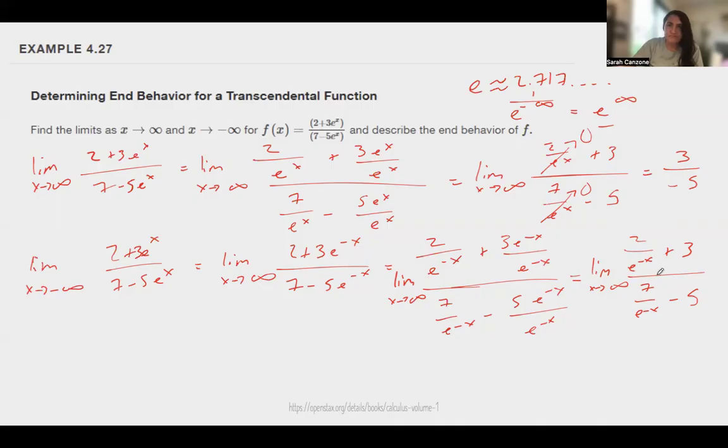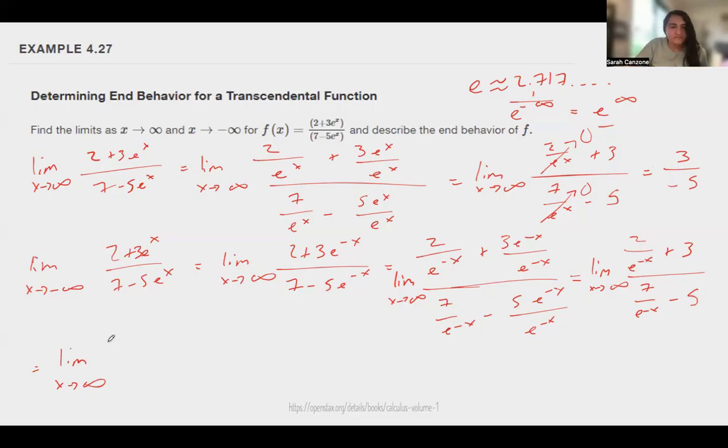What we need is for something to be 3 divided by e to the positive x, very similar to what we had here. So in fact, I'm going to adjust this one more time. This is still the limit as x approaches positive infinity, but now I'm going to multiply both sides by e to the negative x, because then that gets rid of these e to the negative x's.